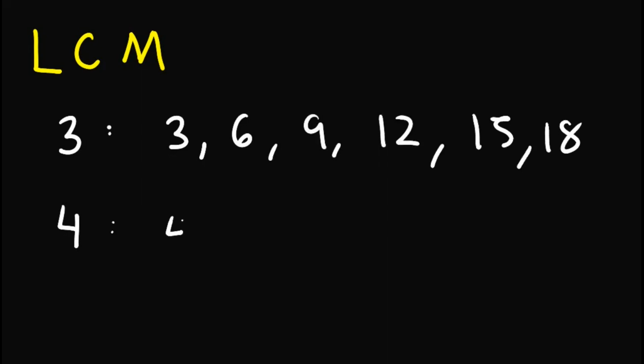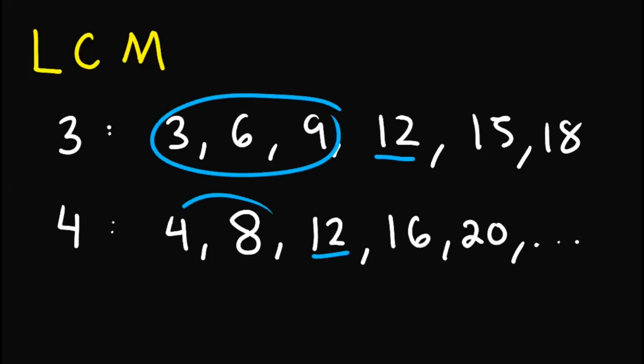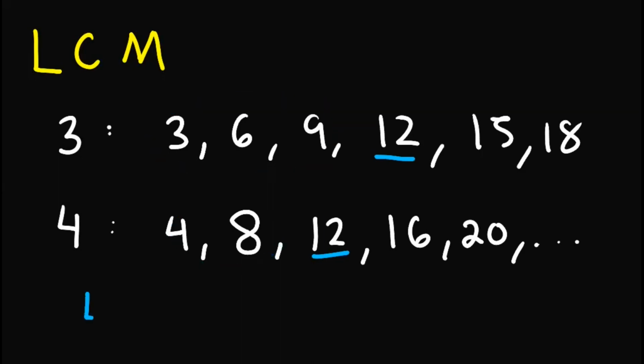For 4, we have 4, 8, 12, 16, 20, and so on. Among these numbers, the common one is 12. And since there are no common multiples before 12, we say that 12 is the LCM of 3 and 4.